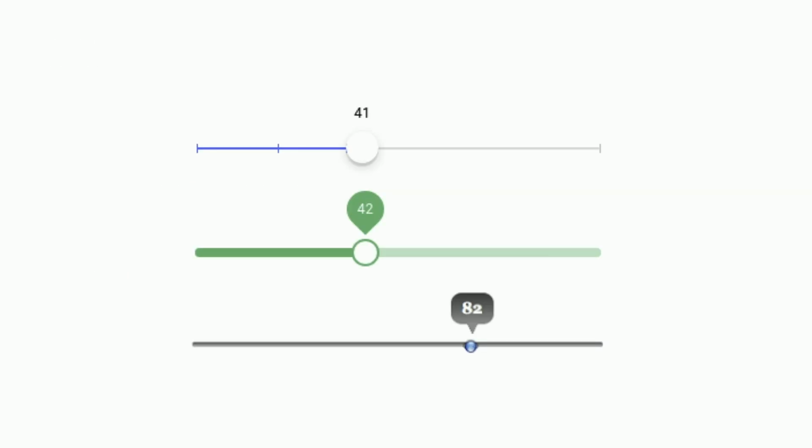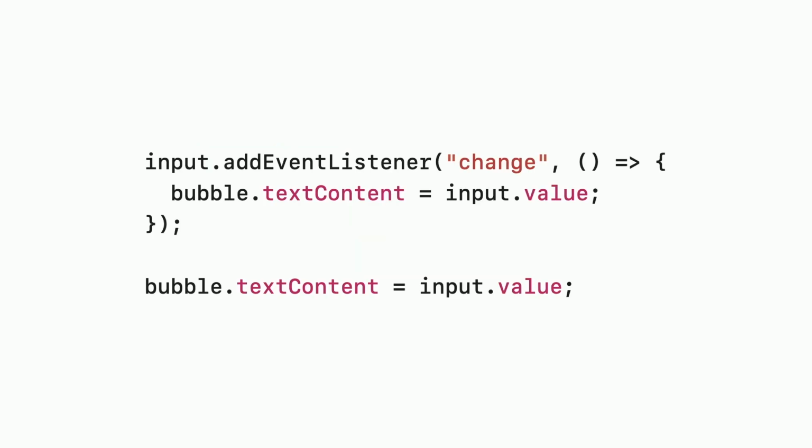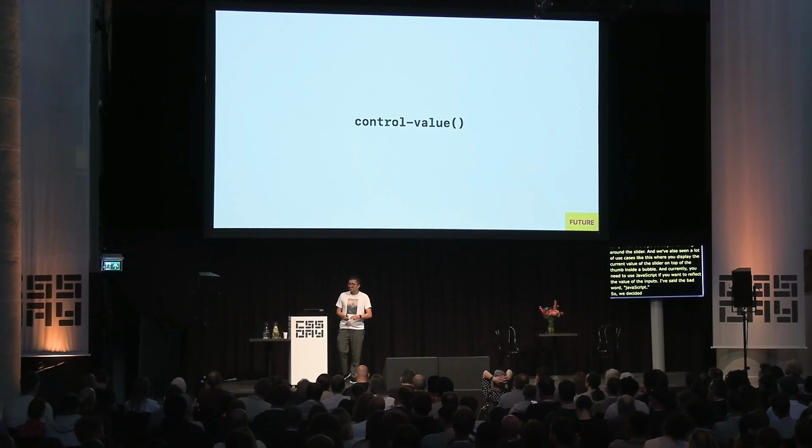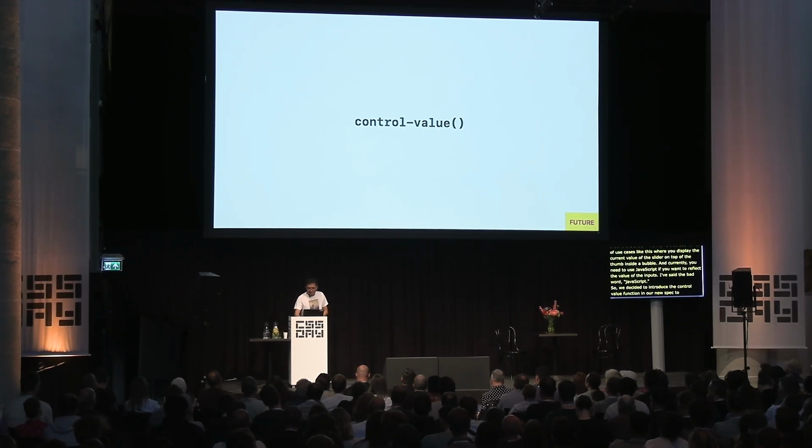And we've also seen a lot of use cases like this, where you display the current value of the slider on top of the thumb inside a bubble. And currently, you need to use JavaScript if you want to reflect the value of the inputs. I've said the bad word, JavaScript. So we decided to introduce the control value function in our new spec to allow doing this without JavaScript.